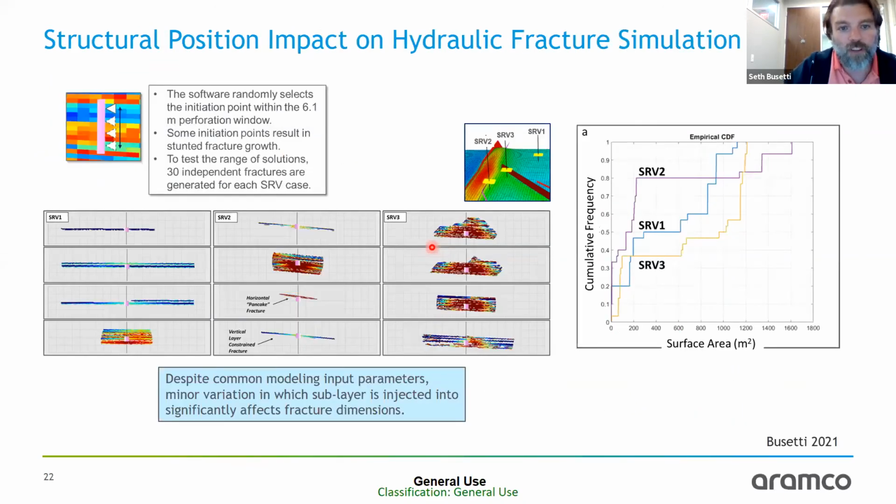And then we run through those differences and we run hydraulic fracture simulations. In that 2019 ARMA paper, we go into some information about what properties I used to simulate this.